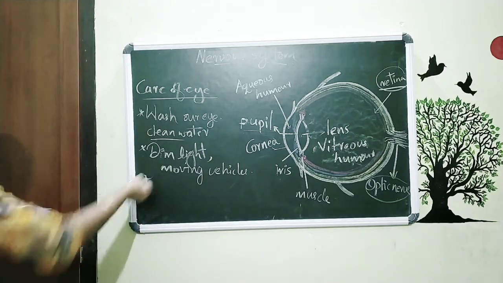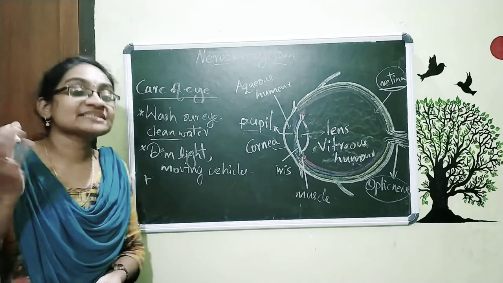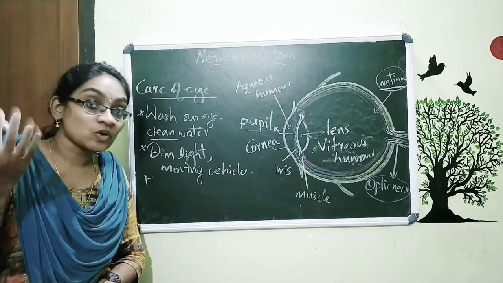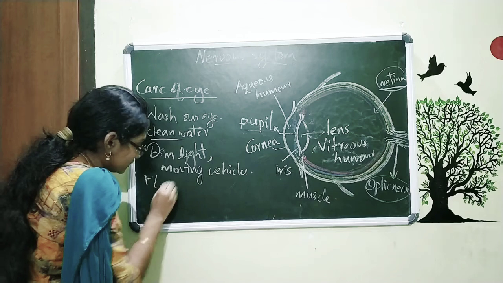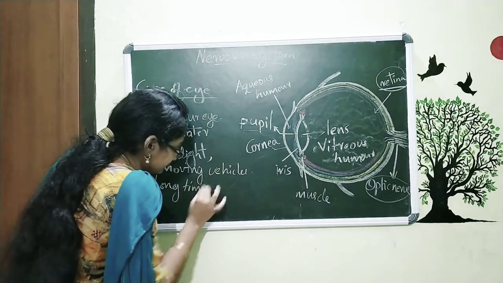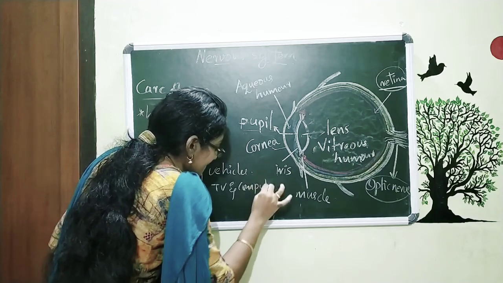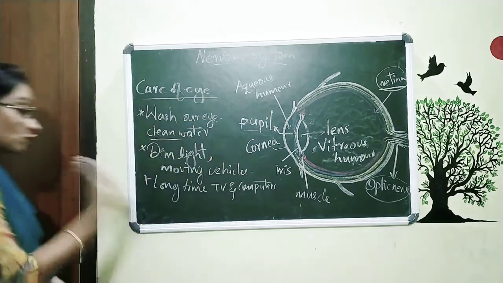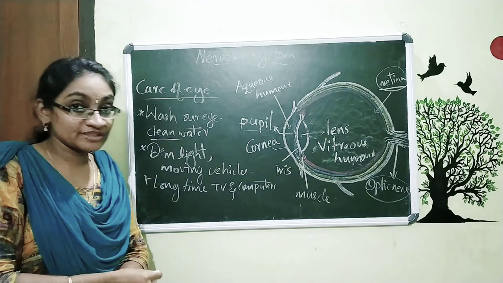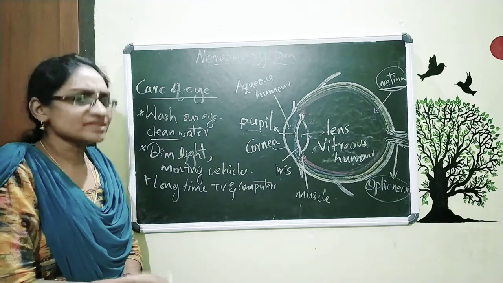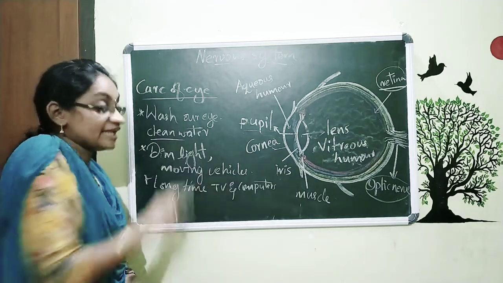The third point is do not watch TV and computers for a long time. Don't use too much time with TV and computers, and also don't play too many games on computers.